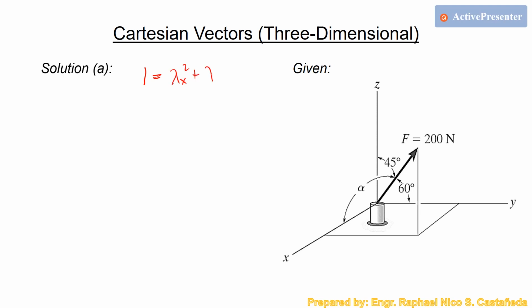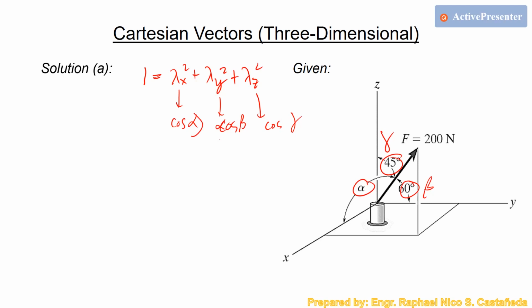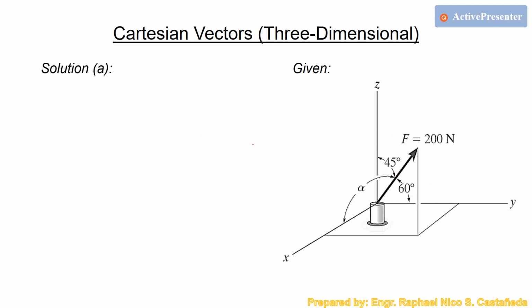If you could remember this, lambda x squared plus lambda y squared plus lambda z squared equals 1, and these are cosine alpha, cosine beta, and cosine gamma. We know that we have beta and gamma, but we don't have alpha. So if we use this formula, we only have one unknown, which is alpha.